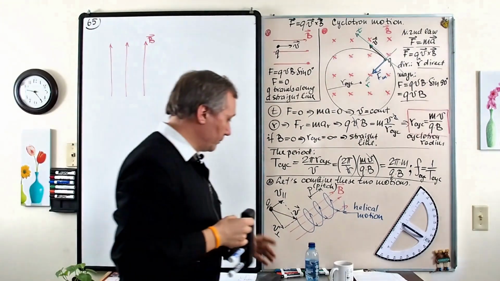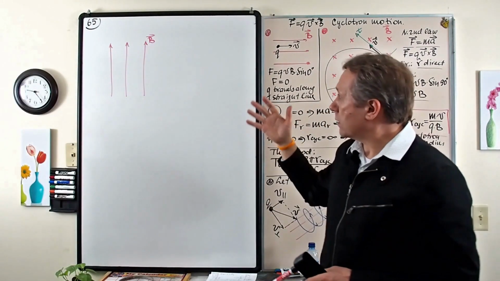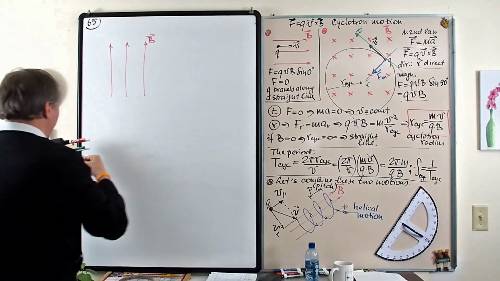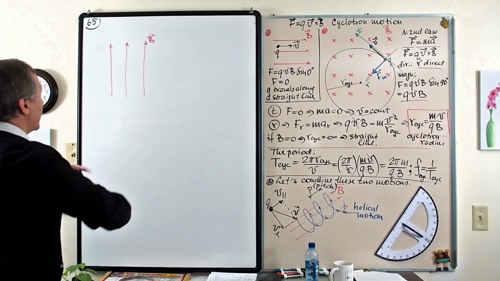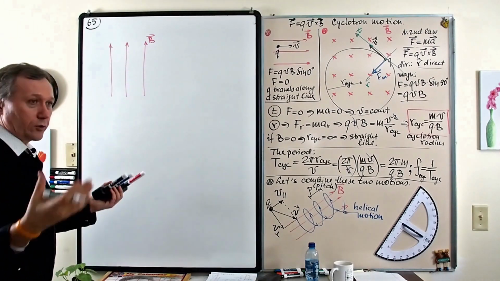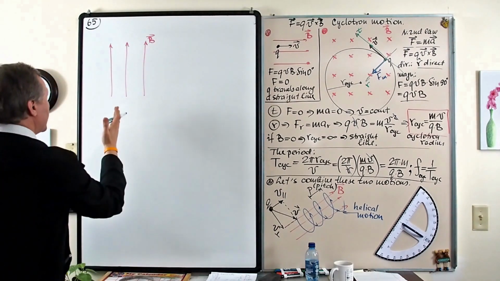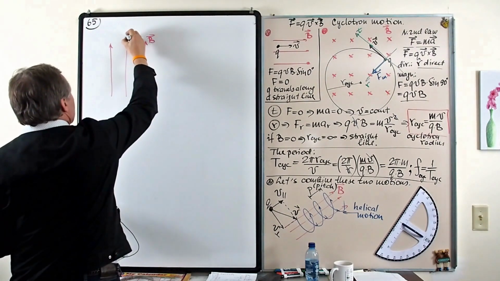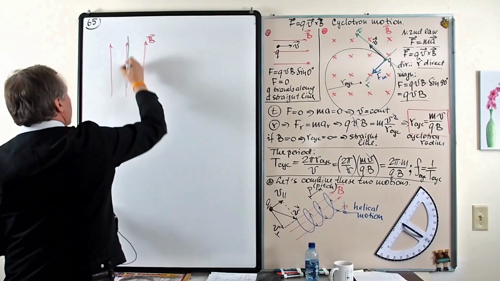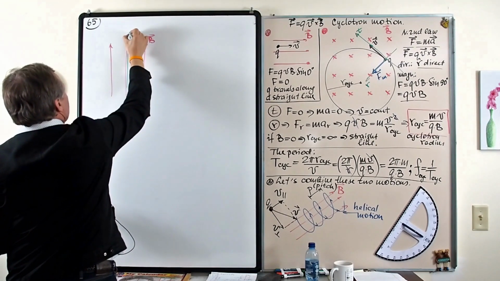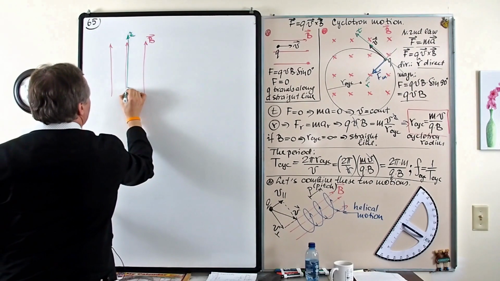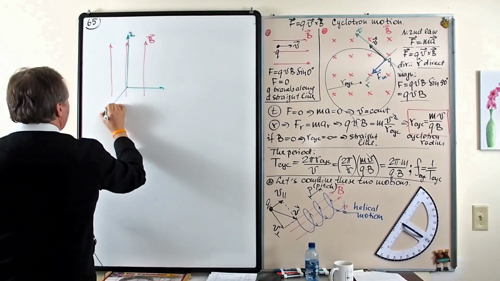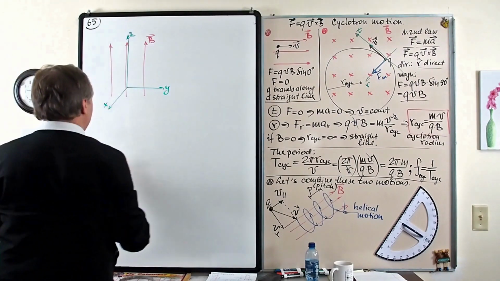And then before I draw the particle, let me introduce a coordinate system. I can introduce the coordinate system any way I want. Let me align the z-axis along my magnetic field lines. So let's assume that this is our z-axis, right? And let's say this is y, and this will be my x and y, right?